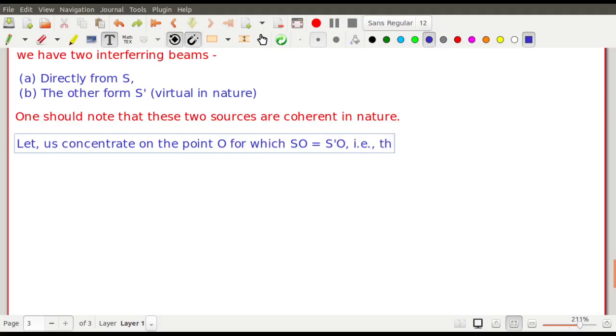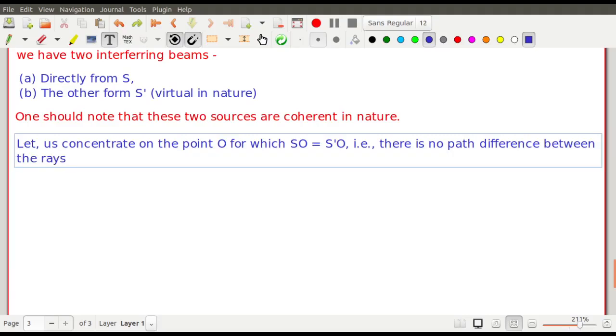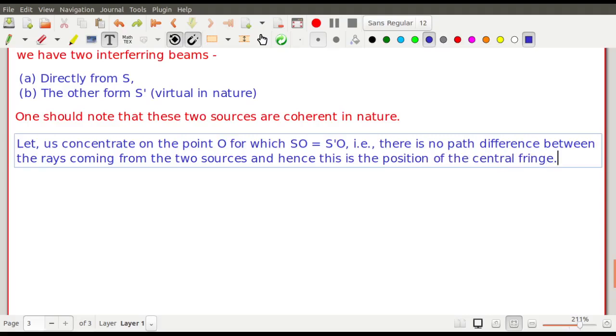That is, there is no path difference between the rays coming from the two sources. ওখানে কোনো path difference নেই, right? And hence this is the position of the central fringe. তাহলে এটাকে central fringe বলা যেতে পারে.